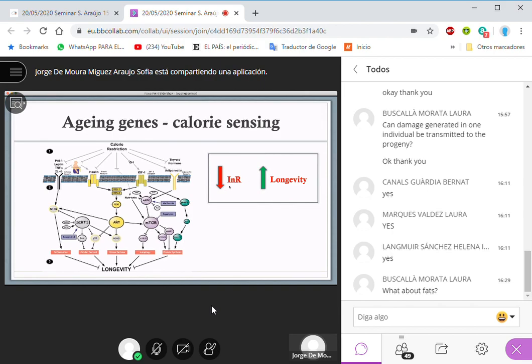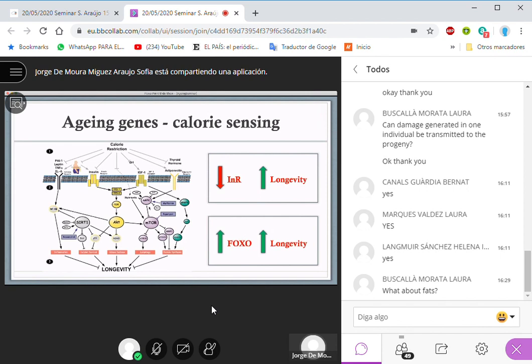What will happen then? You have a higher amount of FOXO, and FOXO is a forkhead transcription factor. This is the O of the family, because you have A, B, C, etc. As the insulin receptor activity goes down, this inhibition is not done, and therefore FOXO increases. As FOXO increases, it goes into the nucleus and does its transcription factor things, and this will increase longevity.